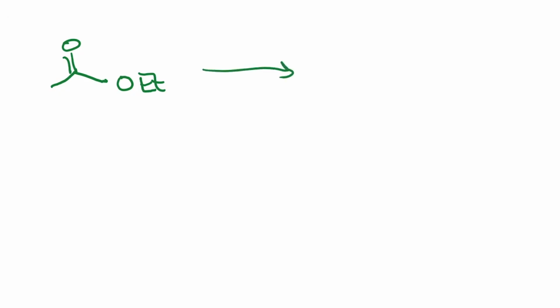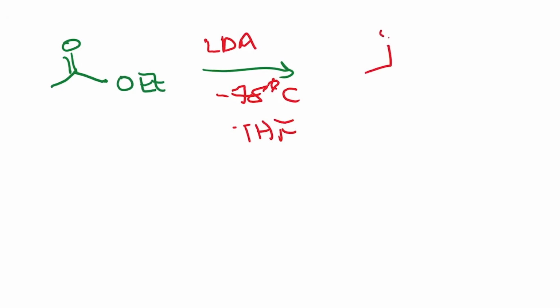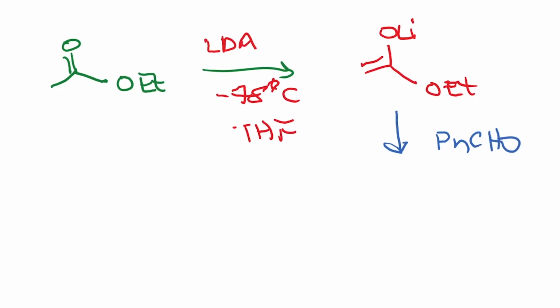So one way in which you can generate the enolate from the ester is the same strategy that you use for ketones: LDA, minus 78 degrees centigrade, and THF, and you generate the OLi enolate. This is then further reacted with an aldehyde such as benzaldehyde, and the chemistry is the same.